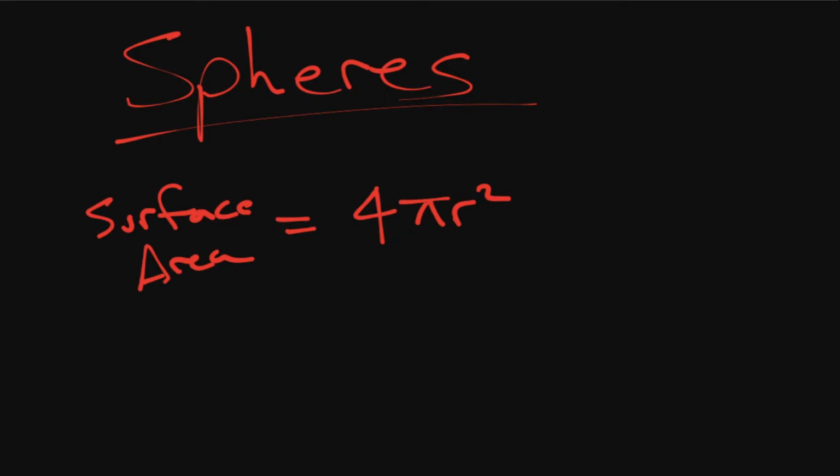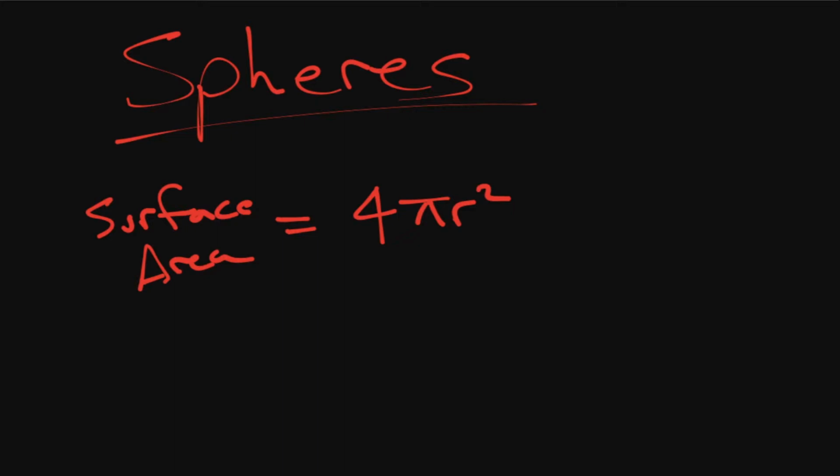The logic behind this formula is that pi r squared is the area of a circle. So when you have 4 circles and you stitch them together on the edges, you can basically shape a sphere. So let's look at an example.